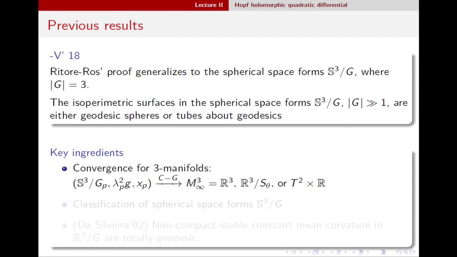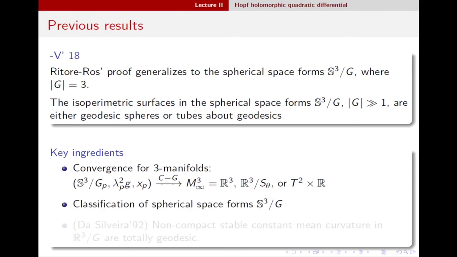Right, so of course one needs to be careful when doing this convergence, because if you use a very large scaling, then you're going to converge to R3, and then you might lose all topology and geometry at infinity. And so there is some care that you need to take in order to choose the scaling appropriately.